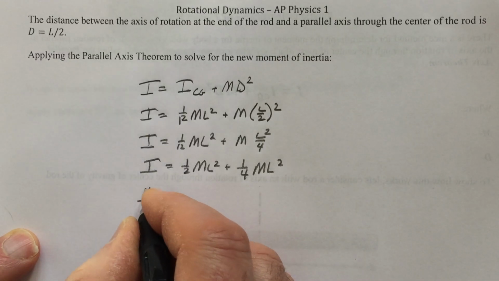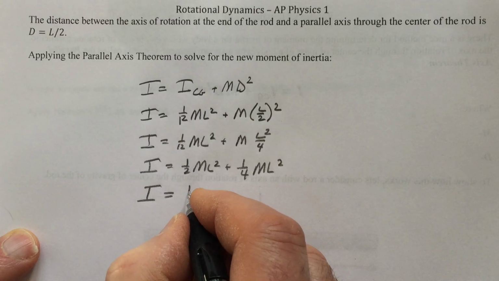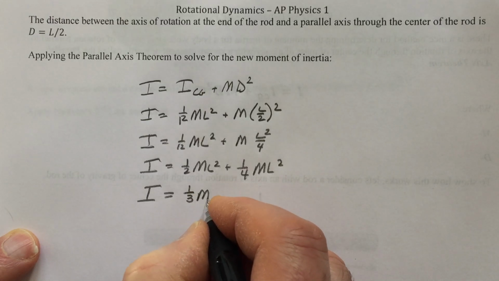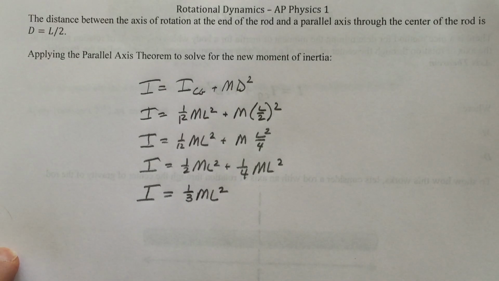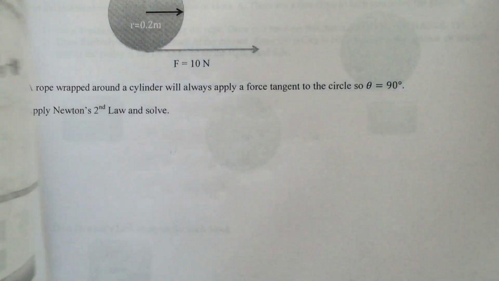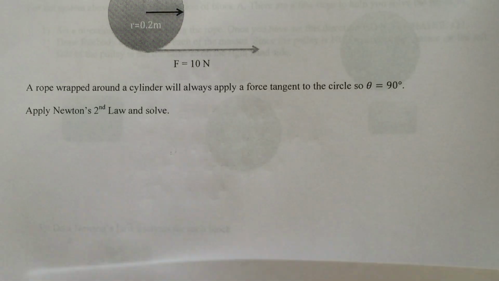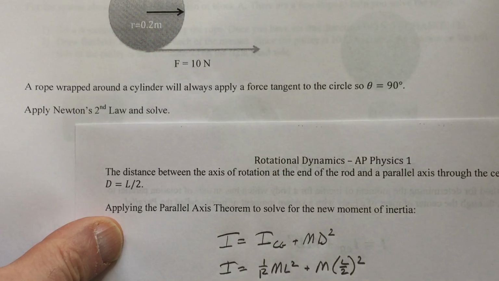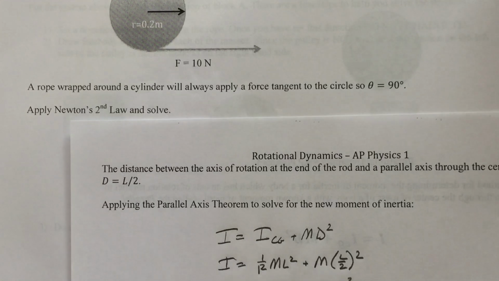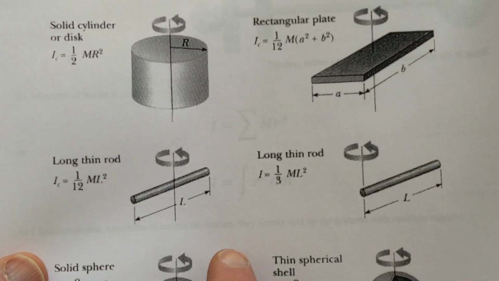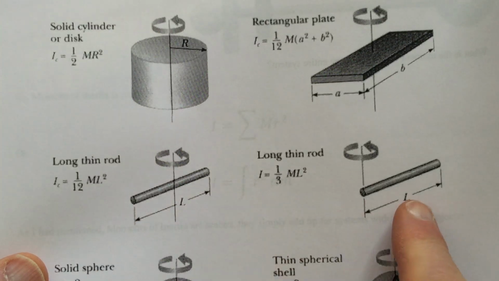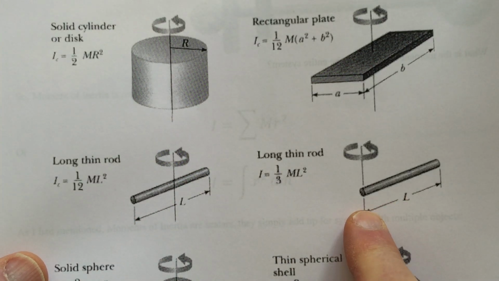Add them together, and I turns out to be 1/3 ML squared, which if you take a look back on our chart before, and I'll just flip right back to it where it was, it turns out, here it is, 1/12 ML squared. If it's off on the end, it's 1/3 ML squared.